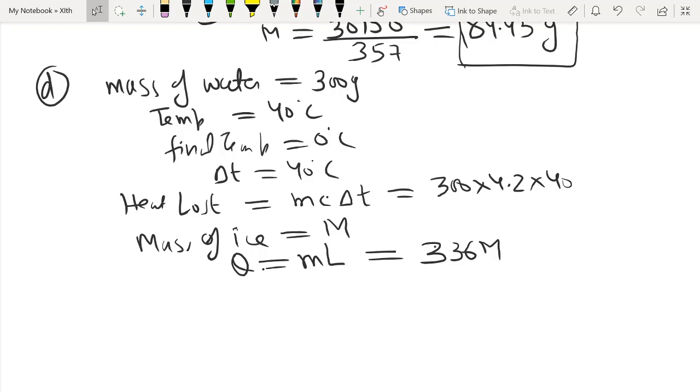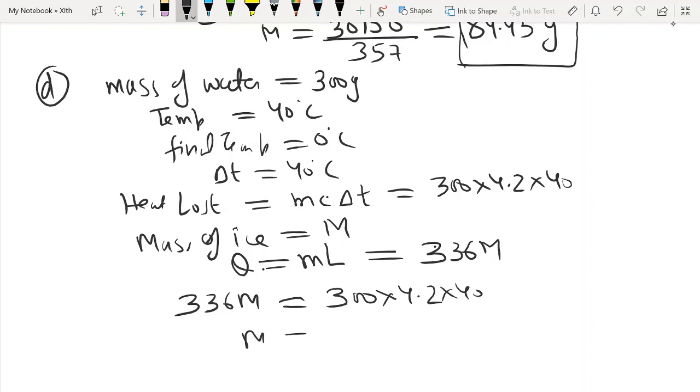So now let us do that. We will have 336 M equals 300 into 4.2 into 40, which will give me M equals 300 into 4.2 into 40 divided by 336.